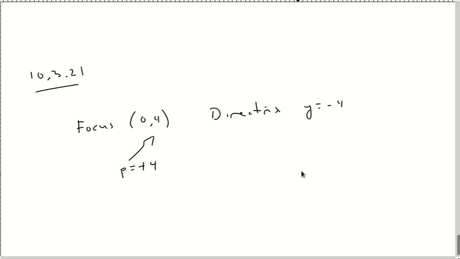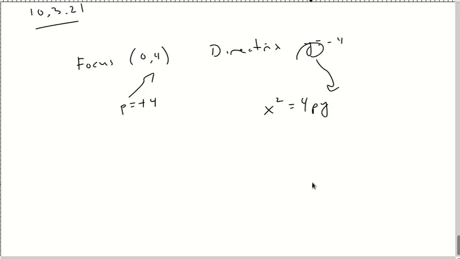Notice that it's a y. So this is, again, going to be an x squared is equal to 4py. Or you could see that y is that y right there. I mean, that's up to you. And so x squared is equal to 4 times 4 y. 4 times 4 is 16.